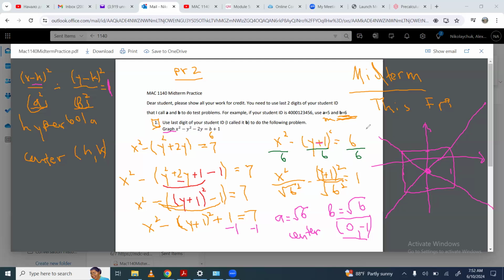And now the key part is to find out: are we on the left and the right, or on the top and the bottom of the graph? And it's left and right because x squared is positive.